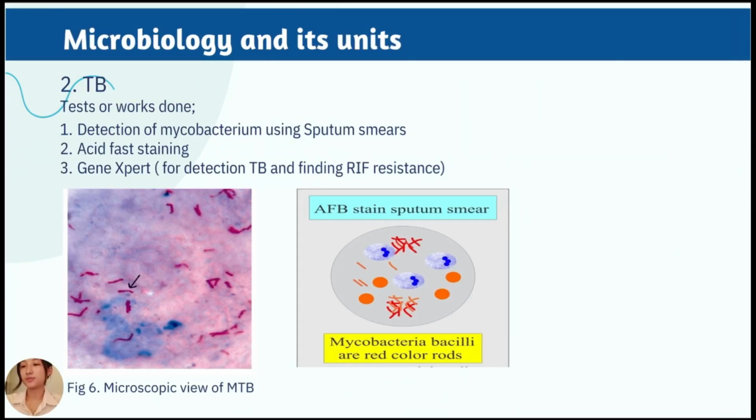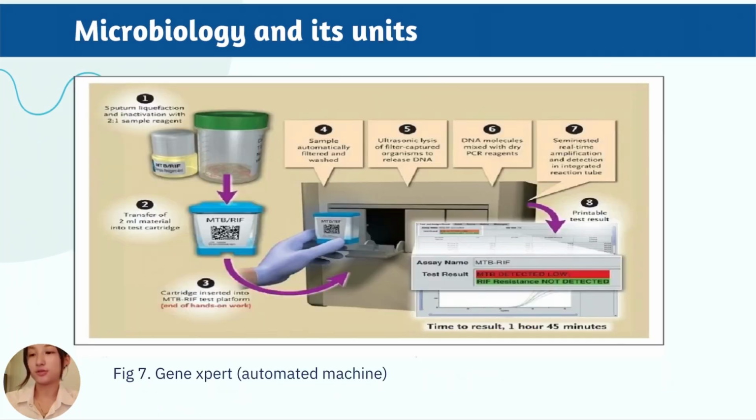Sputum smears. Then acid-fast staining, GeneXpert for detection of TB and finding drug resistance, and this shows the microscopic view of TB in the AFB-stained sputum smear. For this one, if there is TB positive, they take it to the genotyping unit, and the GeneXpert will run this machine.